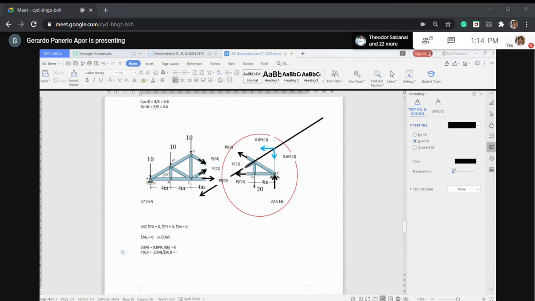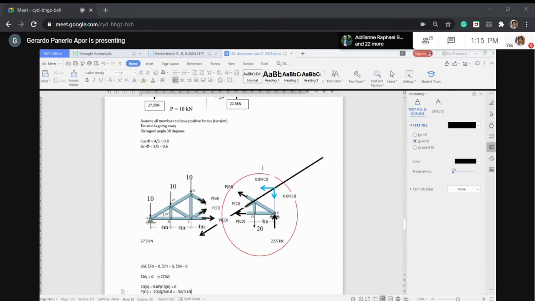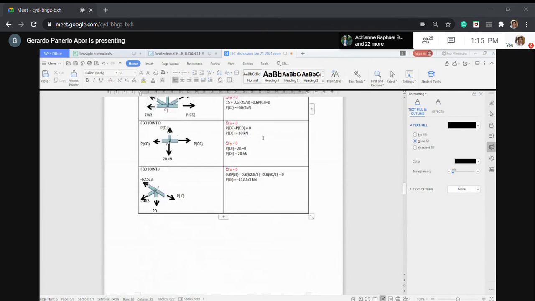This one is times 6. PCG is 20 times 4 divided by 6, divided by 0.8. Negative 50 divided by 3 kilonewton. Okay, what we got here? PCG, that's correct. 50 over 3.